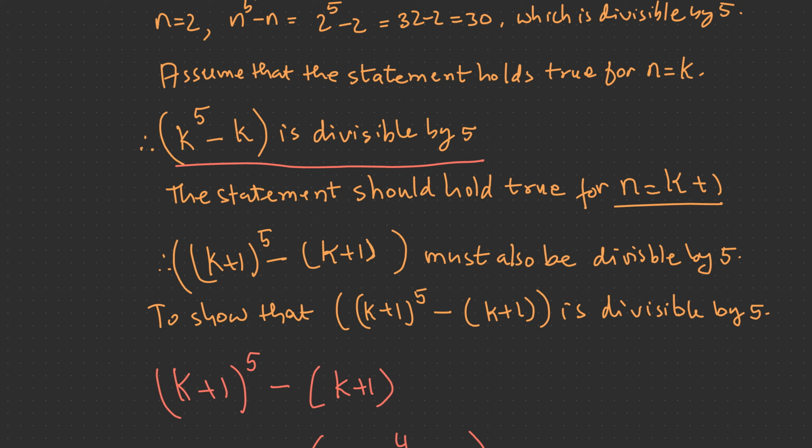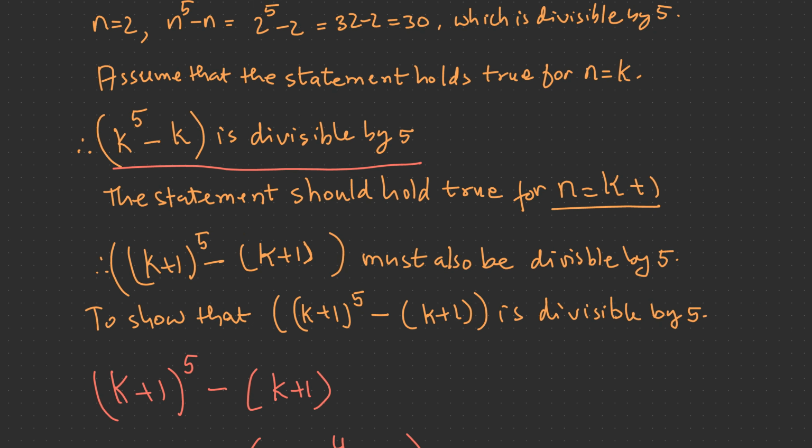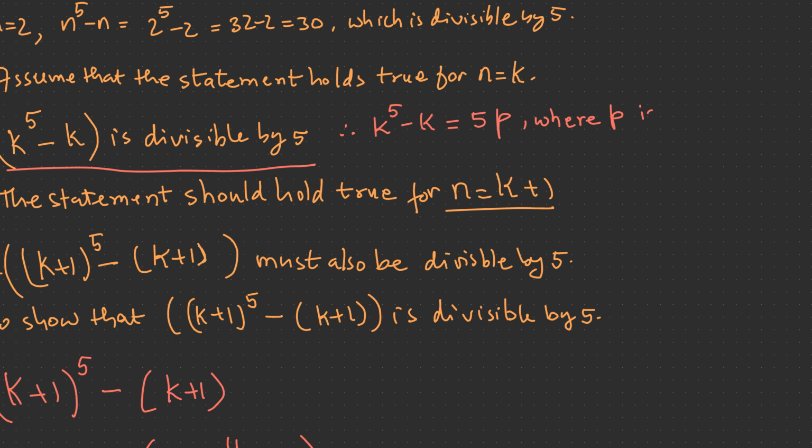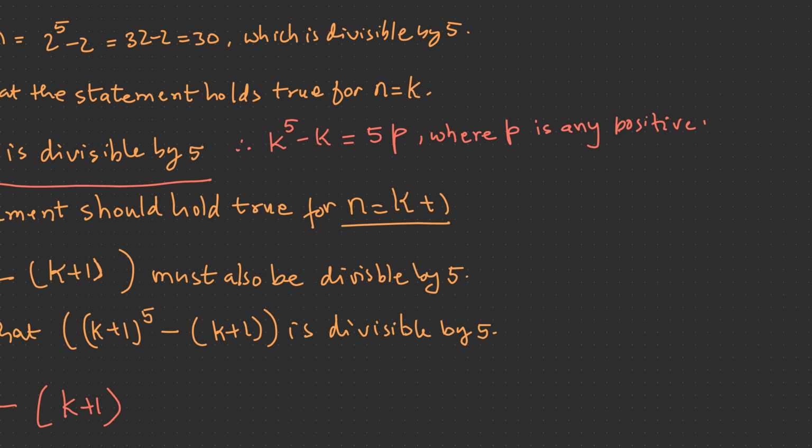So I should have written here that therefore k to the power 5 minus k can be written as 5 times p, where p is any positive integer.